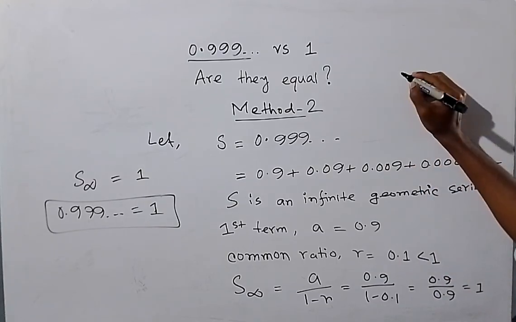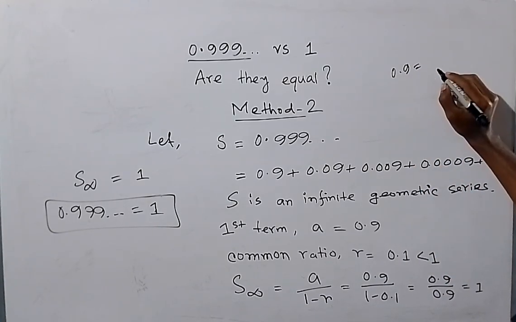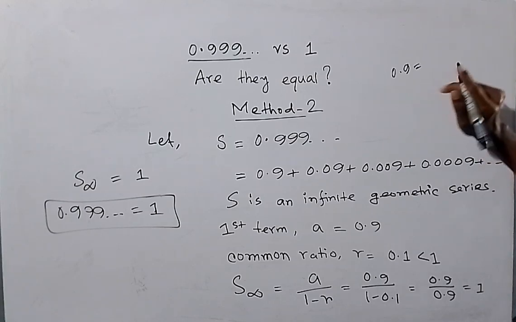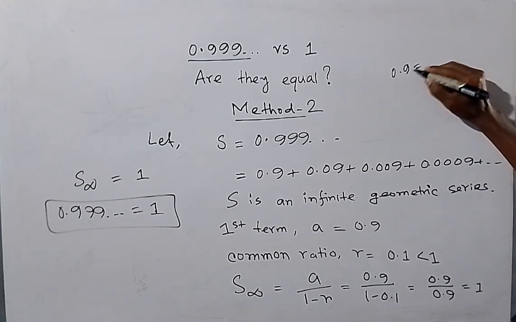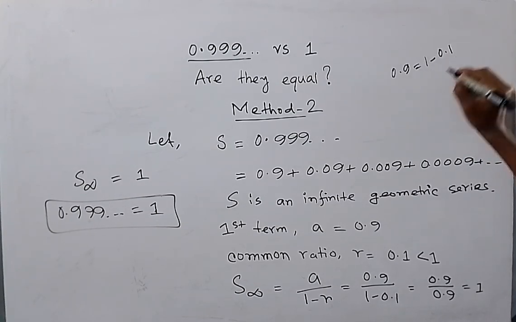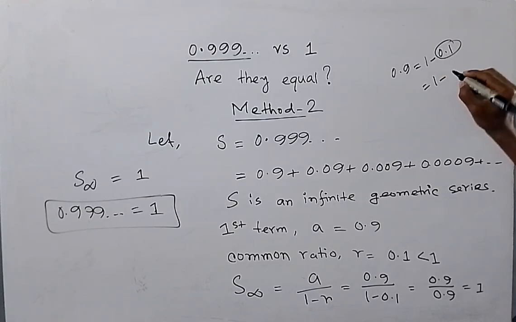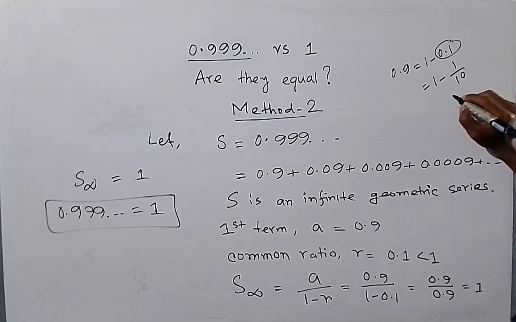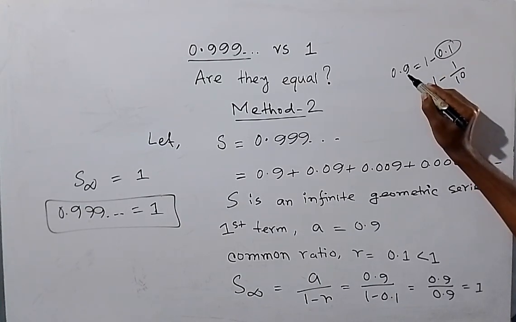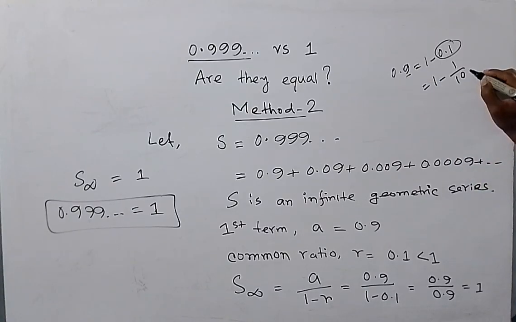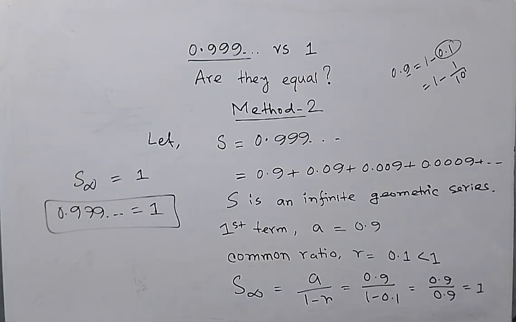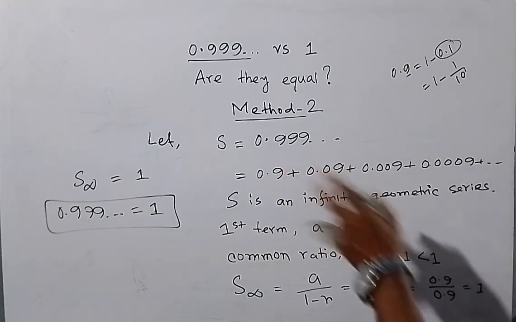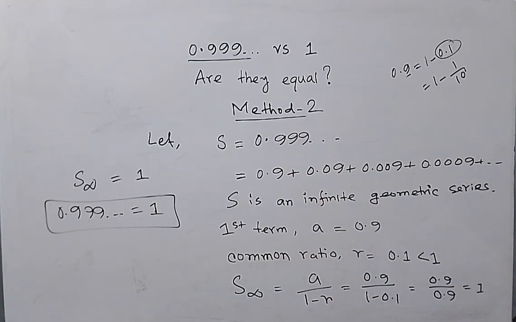Then I thought that 0.9 can be written as 1 minus 0.1, and this 0.1 can be written as 1 by 10, right? So the number of 9s is related to the power of 10 here. Okay, this is my thinking here. Now I want to erase this first, and then I will move to my third method.